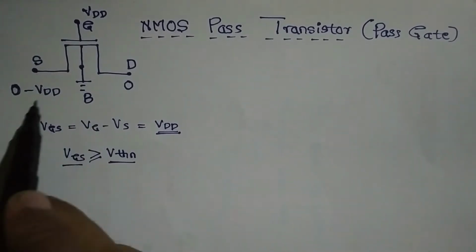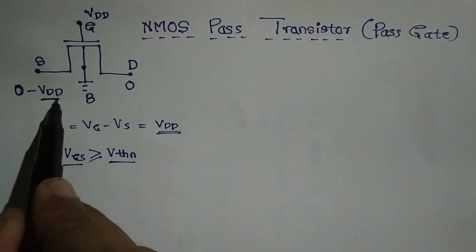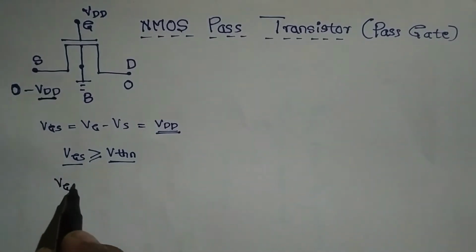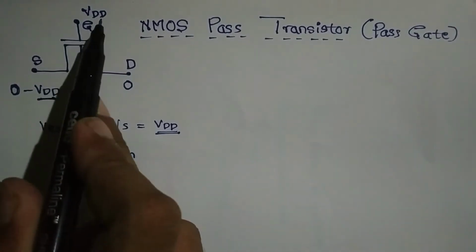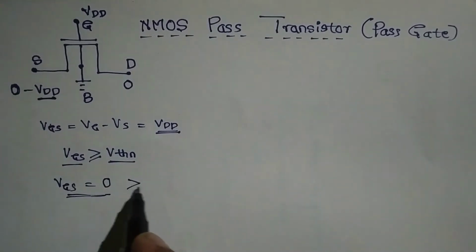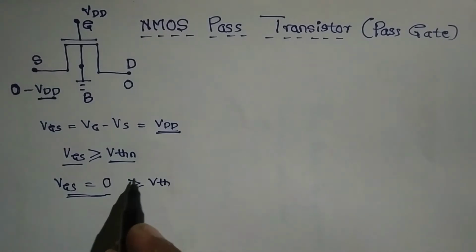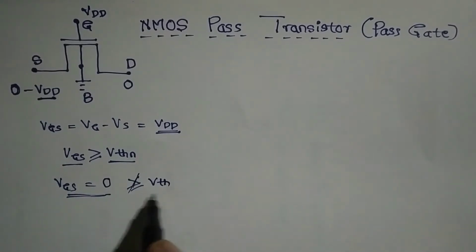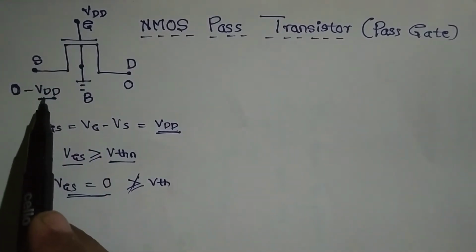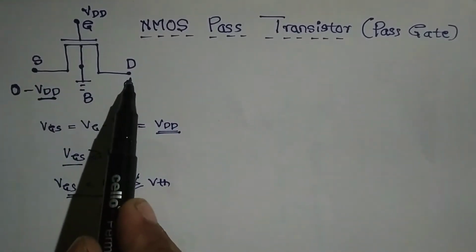So what happens when the source voltage is at VDD? Then my VGS becomes VDD minus VDD, which is 0. This is definitely not greater than or equal to VTH. It is not true, so the MOSFET will turn off and it will not be able to pass this VDD to the drain terminal.